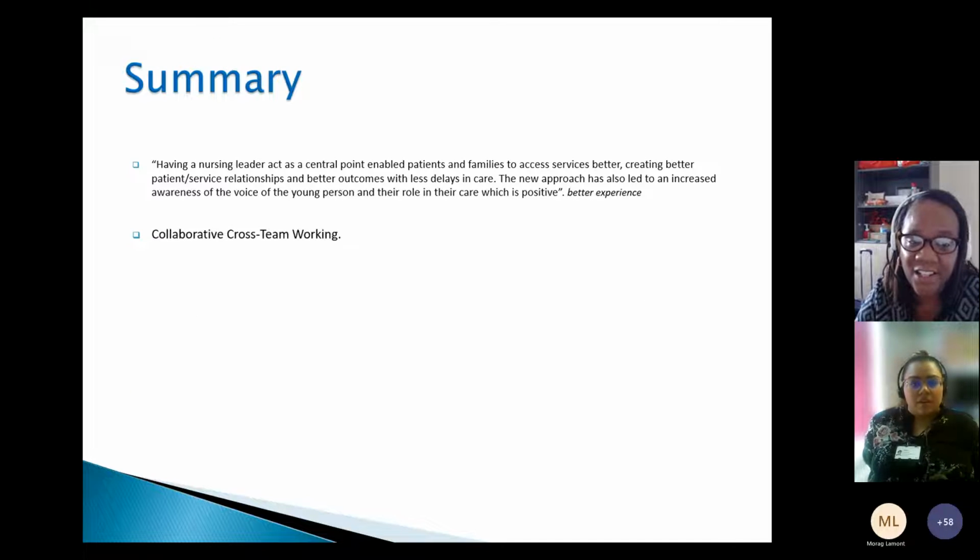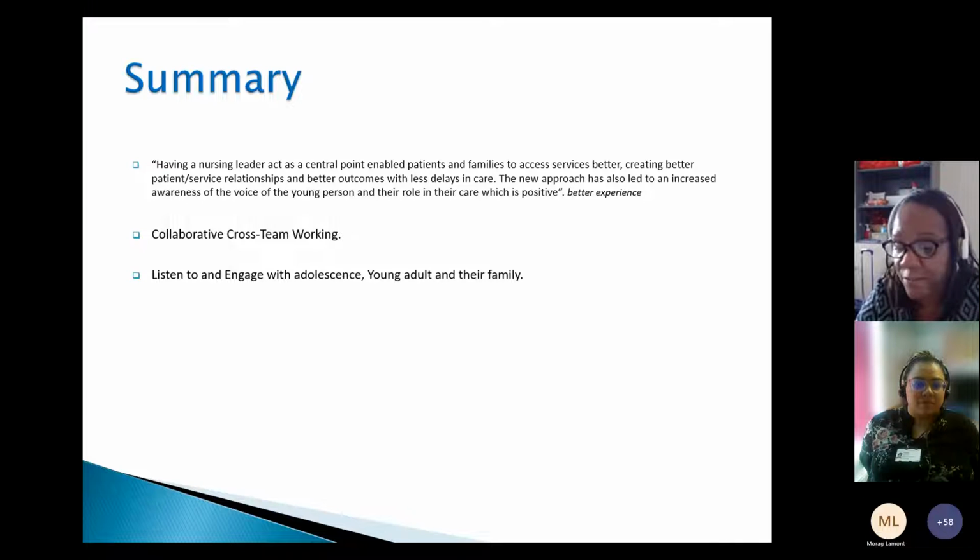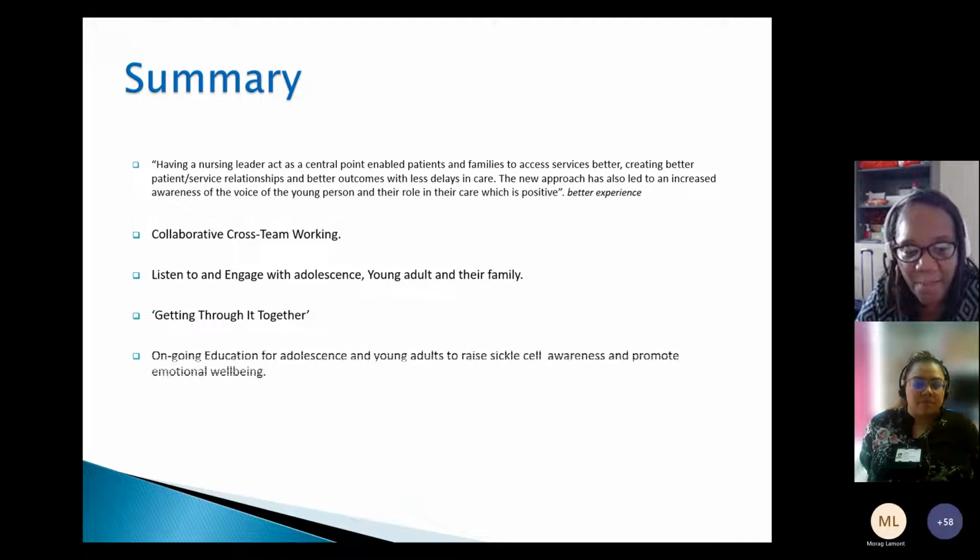In summary, having the lead nurse, the lead person, gives a better service, creates a safe environment, and gets the patient voice heard. It means collaborative, cross-team working, listening to and engaging with the adolescent, young adult and the family, getting through it together.